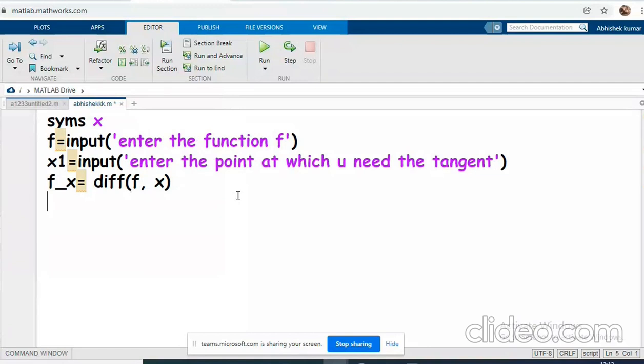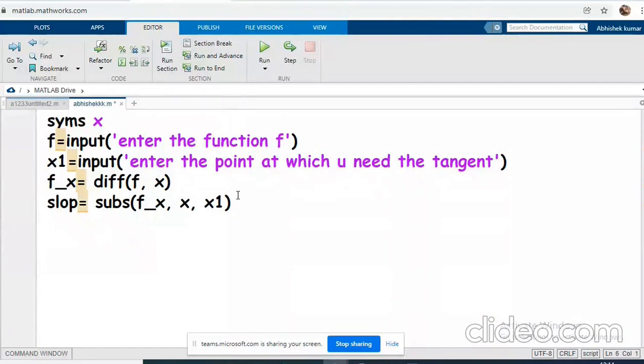So what is the slope? Slope will be the value of the derivative at that particular point. So we'll use the subs command, fx value of derivative at the x1 point. So we got the slope, right?